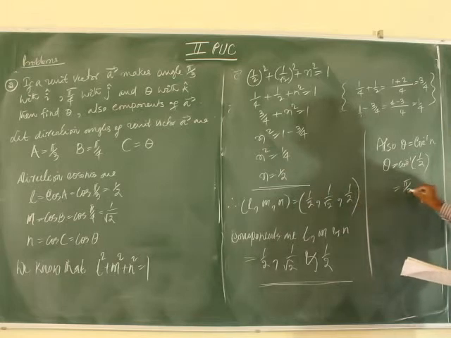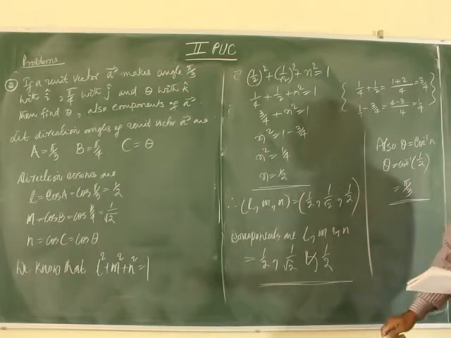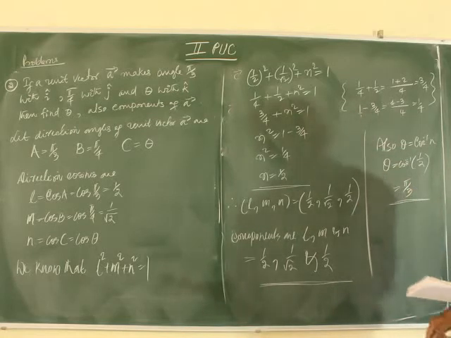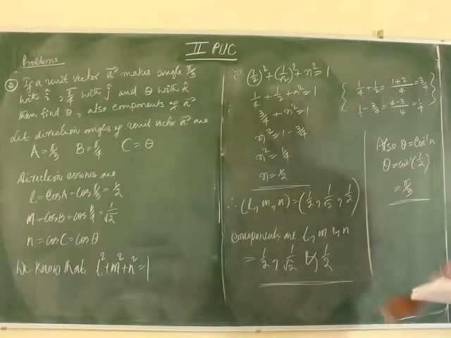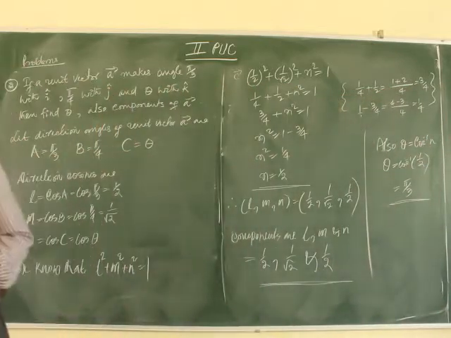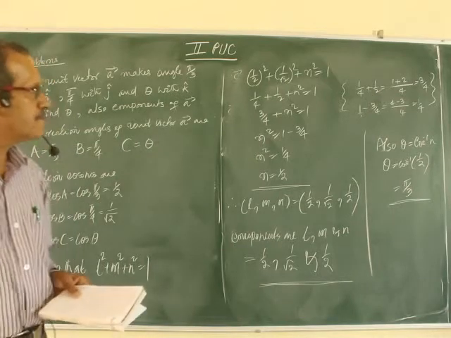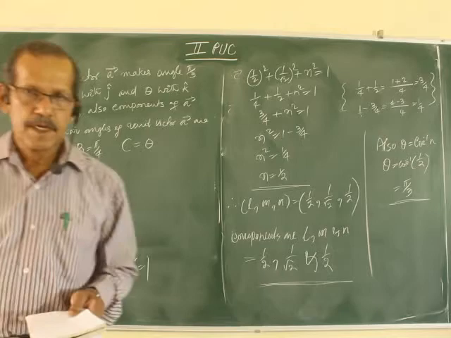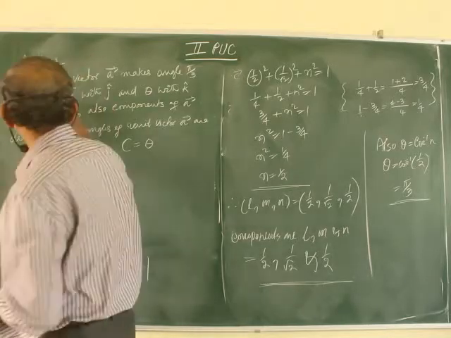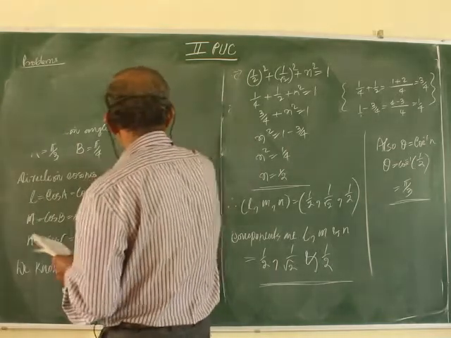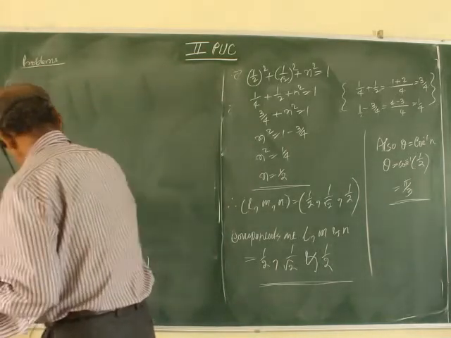This is once again pi by 3. Find theta is also the question. Find theta, pi by 3 itself. So pi by 3, pi by 4, again pi by 3. Now it is over. Not only to find L, M, N, theta also you have to find.